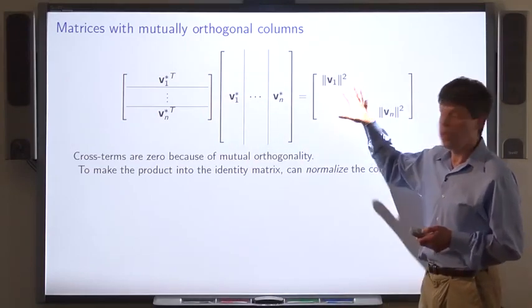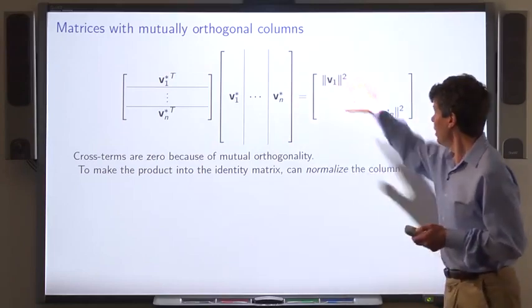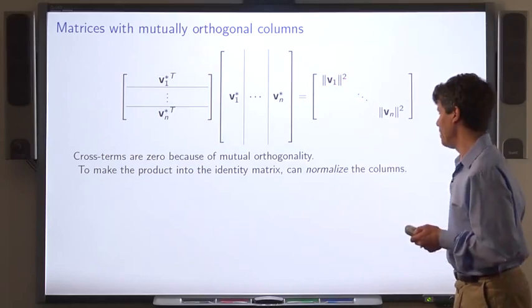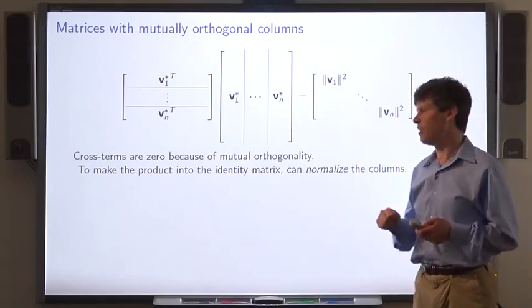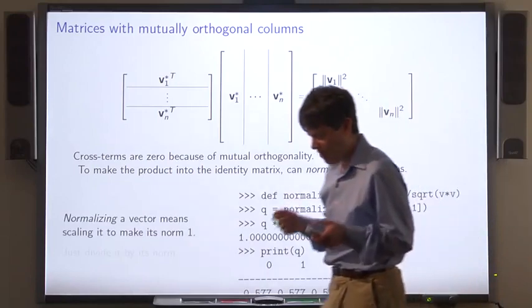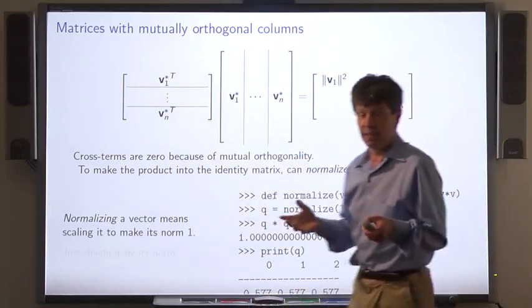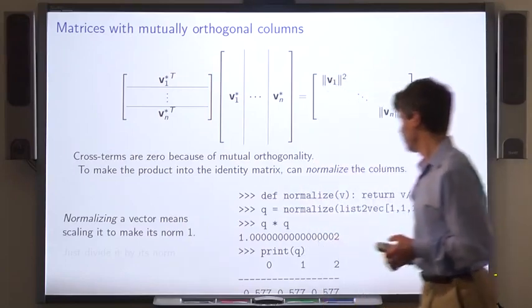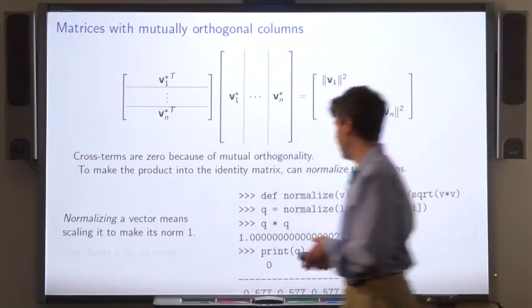Now, we can change things around so that instead of getting this diagonal matrix, we get the identity matrix by normalizing the columns. What does normalizing mean? Normalizing a vector means scaling it, multiplying it by a scalar, so as to make its norm 1. And here's the definition of normalize.